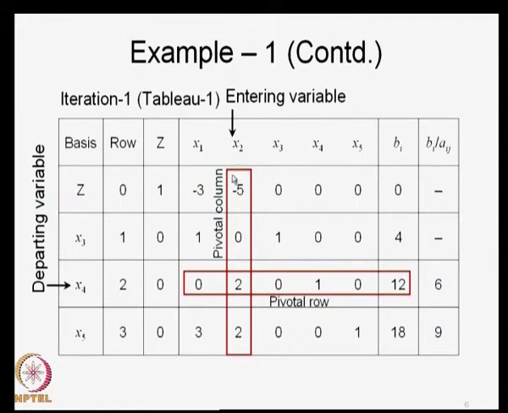Now, we formulate the next basis for the next iteration as Z, x3 and x2 in place of x4. So, x4 goes out and x2 comes in, and x5 remains as it is. At every iteration, exactly one currently non-basic variable enters the basis and exactly one currently basic variable leaves the basis.